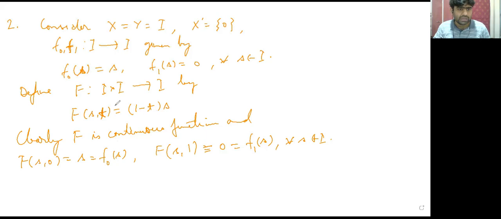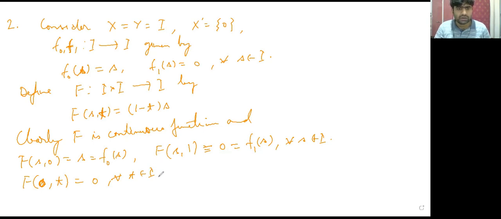So basically capital F is a homotopy, hence capital F. Of course, if you consider this, you need to write F_0 at t equal to 0 for every t in I, right?